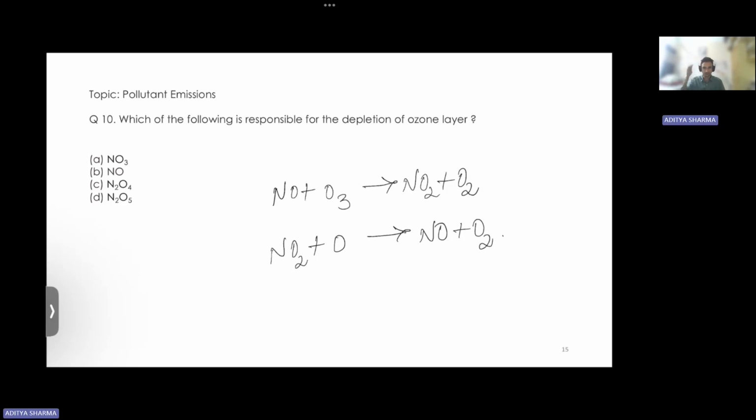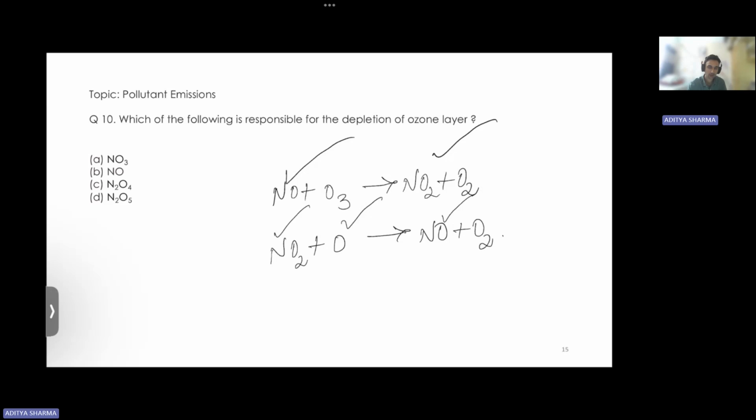First, NO breaks the ozone into this, and then when you have your NO2 with a single oxygen atom, this reaction gives back NO again.